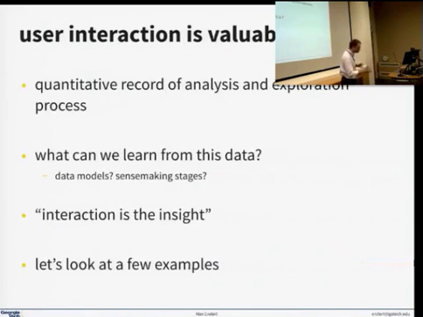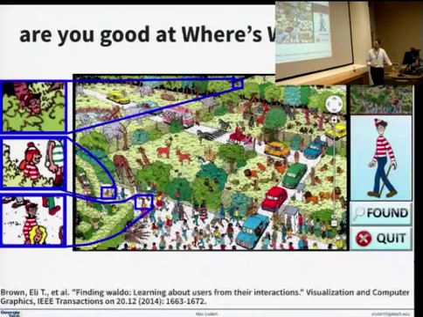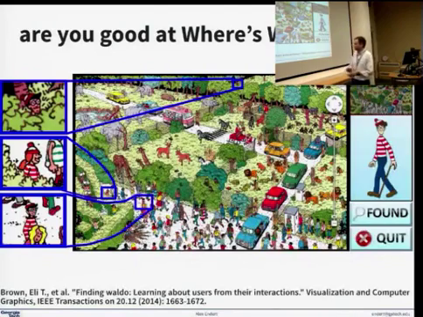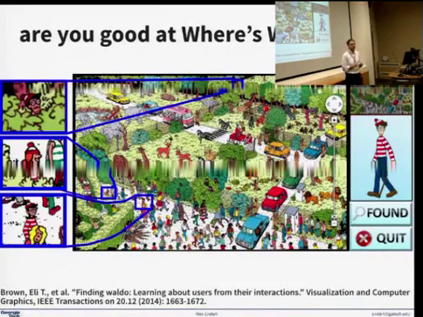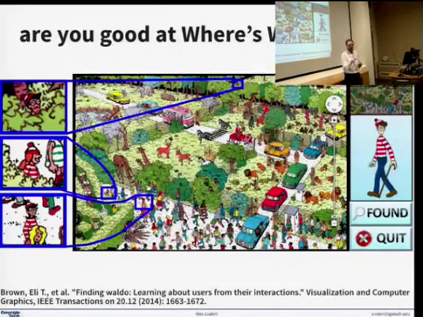Okay. User interaction is also valuable data, and it can tell us a lot about a person and what they're doing. An example of this is a recent study that Eli Brown and others ran. Who here knows how to play Where's Waldo? Come on. The ones that haven't raised their hands can't. So basically, what this study did was it looked at a sequence of user interactions, panning left, right, up, down, zooming in, out, to see how people went through finding Waldo.